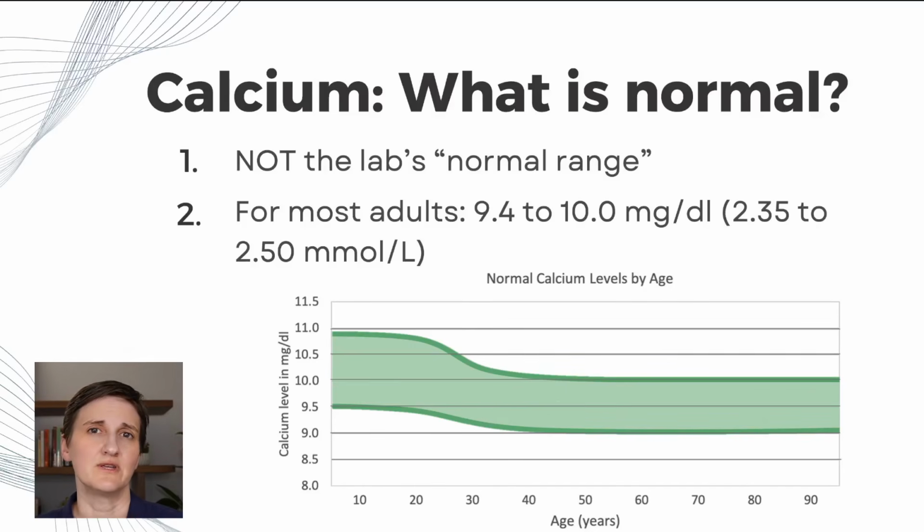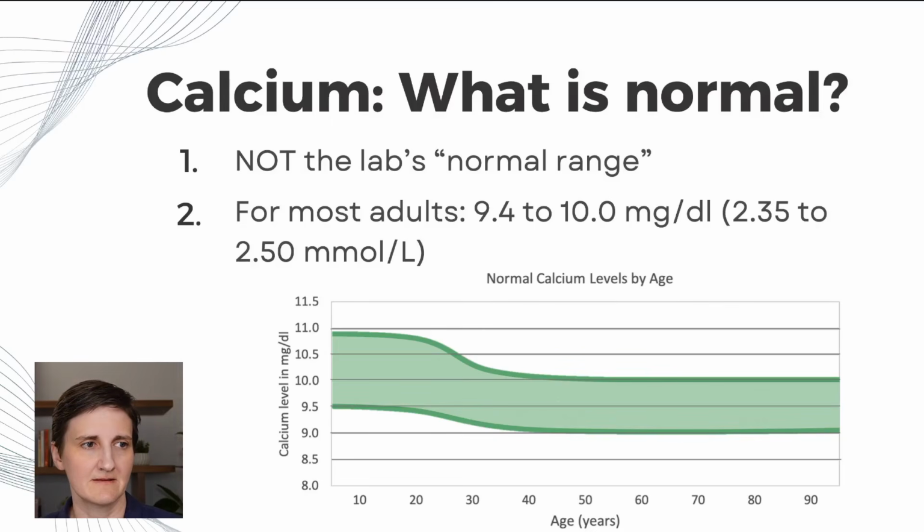They kind of want to be more in the mid to high 9s. This isn't true for every case. There are people who are walking around with calcium levels in the low 9s, and that's totally normal for them, just like there are rare people walking around with calcium levels in the low 10s, and that's totally normal for them. But in general, most people are going to be in this range of 9.4 to 10.